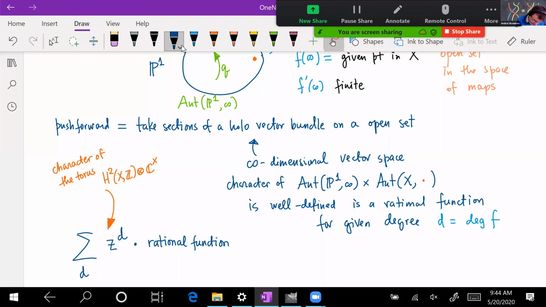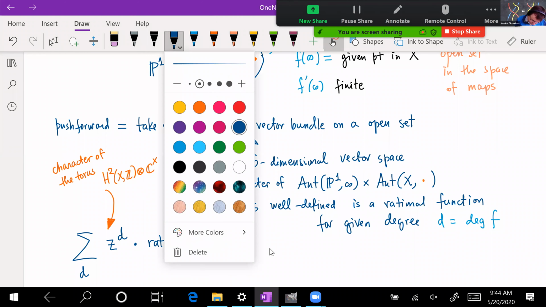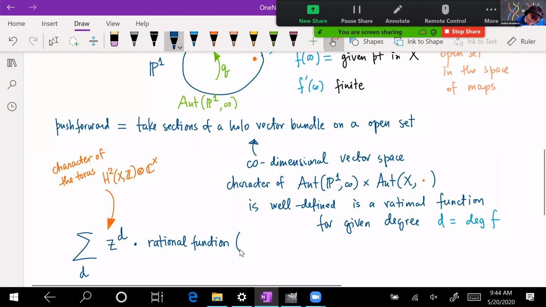And this rational function is a function of some variables. There was this variable Q, remember, and then we need some kind of coordinates on this space. Let's denote these summarily as some coordinates here.